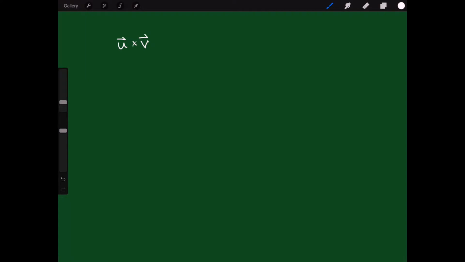All right. Well, what you get out of that is a vector. Okay, this is going to be a vector. And that's already different than what we did in our last section about the dot product. If you dot two vectors together, you're going to get a scalar. If you cross two vectors together, you're going to get a vector.